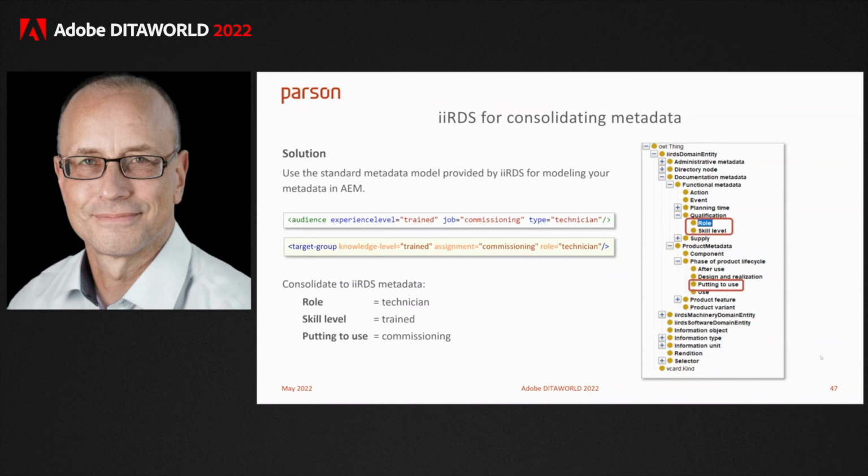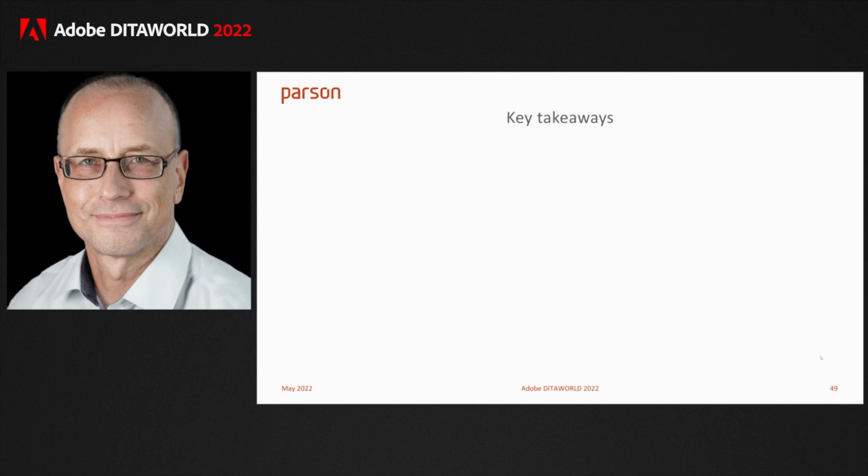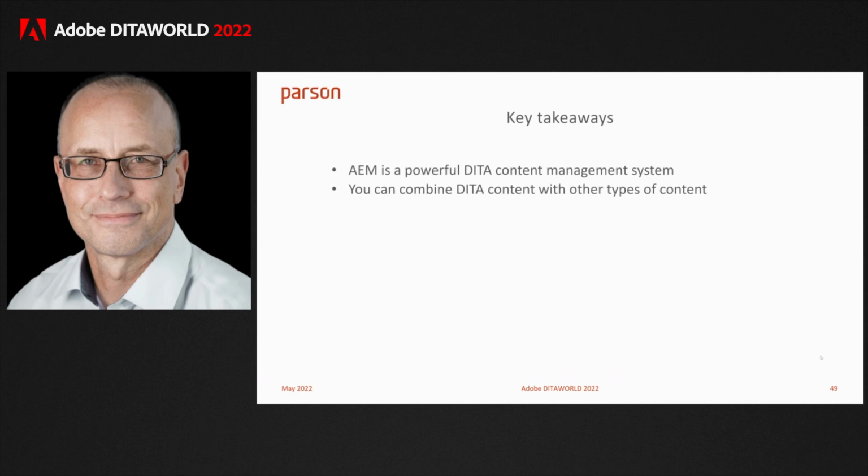Okay, so we're nearly finished. Let's wrap it up. Today we have looked at AEM as a very powerful data content management system that can also extract and make the data metadata available so that you can combine data content with other types of content by means of a unified metadata model. We've looked a bit closer at some of the metadata related features in AEM, how they are used, and how they can be managed and configured.